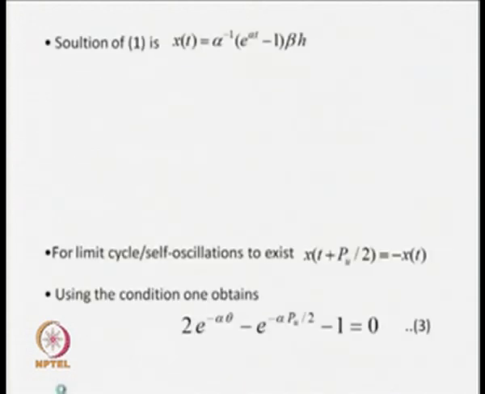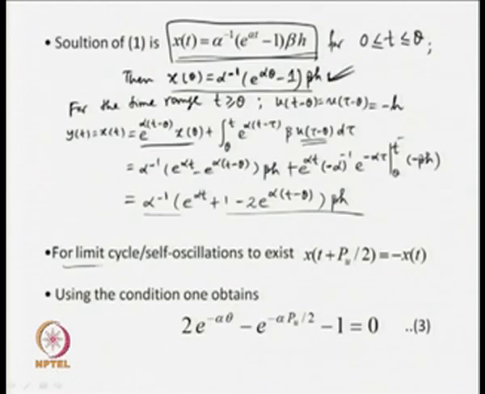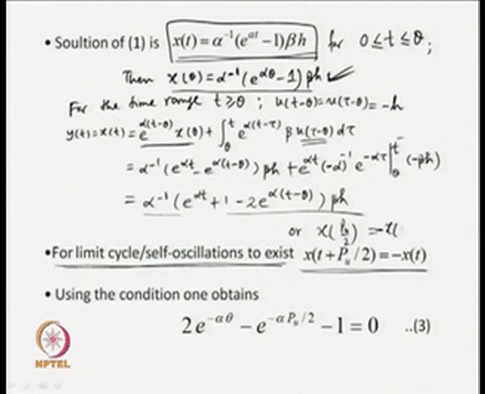So, the limit cycle condition, or the output having sustained oscillatory form, holds provided that condition is met. What is that condition? x(t plus Pu by 2) has to be minus x(t), or by substitution of t equal to 0, x(Pu by 2) is equal to minus x(0). What is x(0)?